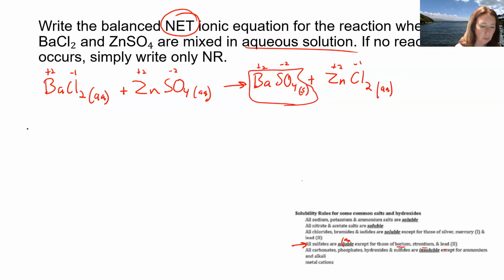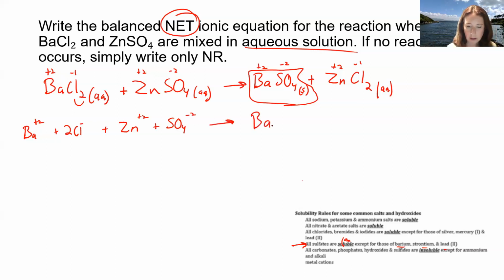We have 1 Ba, it's charged +2, 2 Cls, plus Zn +2, plus SO4 -2 goes to BaSO4 solid plus Zn +2 plus 2 Cl minus. And again, they're all AQs except for this one.